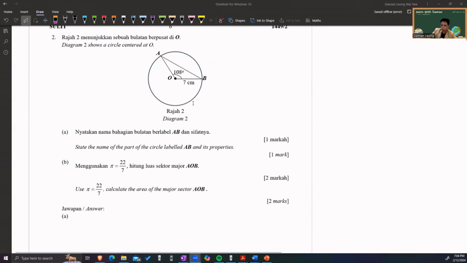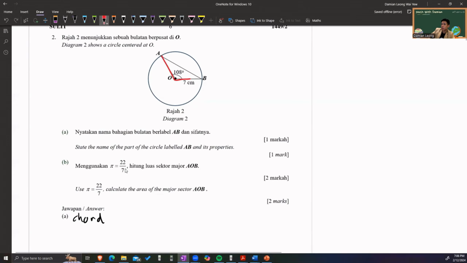Then question 2. Part A is name the part of a circle labeled AB. A to B here, this is what we call a chord. Then for part B, using pi equals 22/7, calculate the area of major sector AOB.